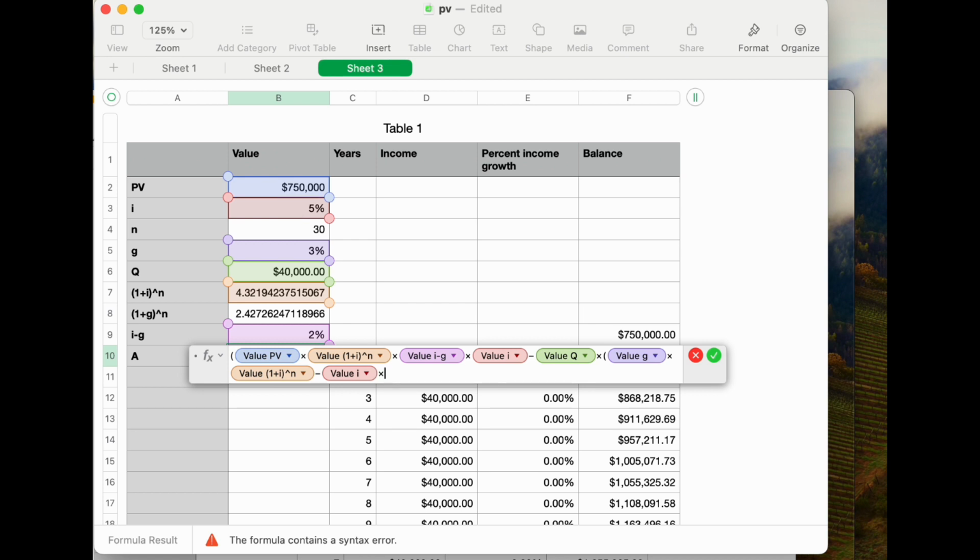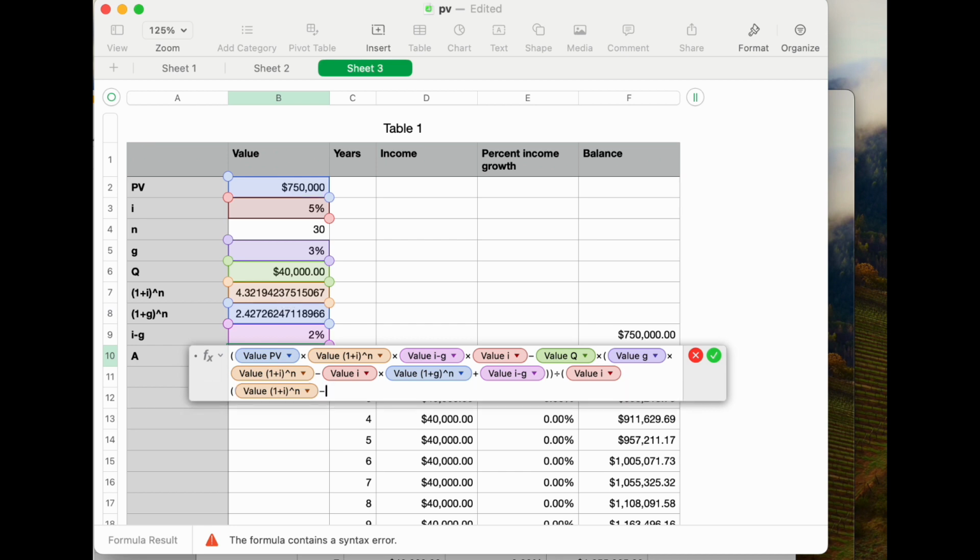times 1 plus G to the n, plus I minus G, close paren, close parens, that's the numerator, divided by I times 1 minus I to the n minus 1 plus G to the n, close paren.